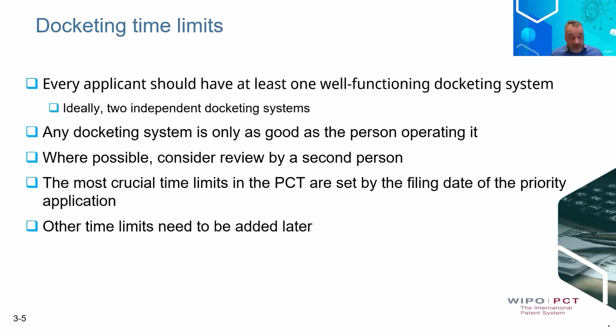The time limits I have in mind here are the 12 months to file the PCT after the initial filing of a national or regional application, and also the 30-month time limit from the priority date to enter the national phase. Since these 2 time limits are based on the priority date, and as you file, you know what your priority date is, you can already enter those in your docketing system.